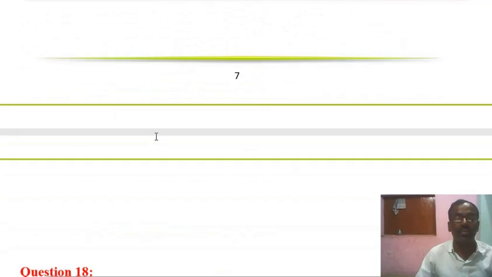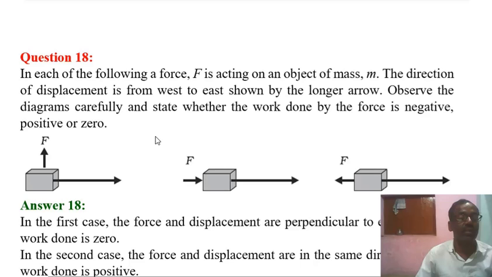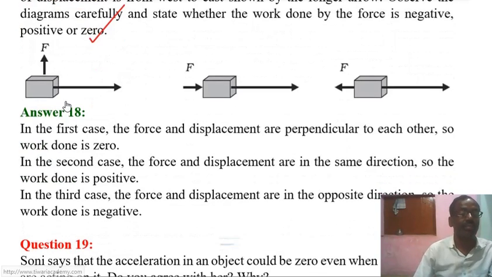Let's see the next question, question number 18. In each of the following, a force F is acting on an object of mass m. The direction of displacement, from west to east, is shown by the longer arrow. Observe the diagram carefully and state whether the work done by the force is negative, positive or zero. So let's see the first, second and third cases.